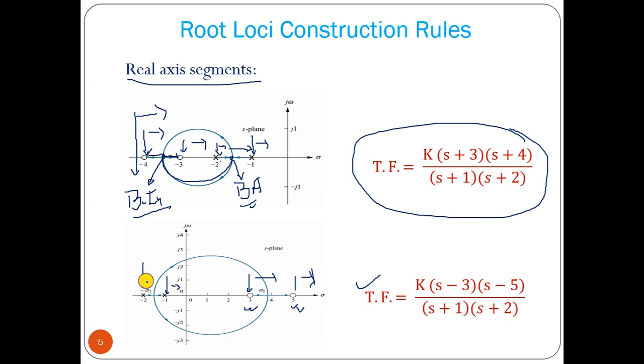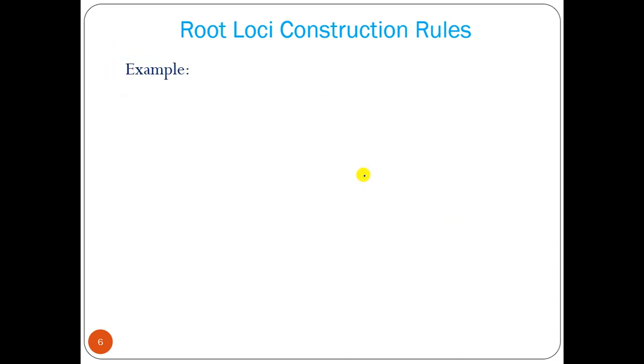At this point on the right-hand side, we can see three poles and zeros, so the root locus path exists. After this pole, four poles and zeros, so there is no root locus path. So this is the segment where we have the real axis root locus path. Now how to find out the break-in point and breakaway point, I will tell you later. Now we are considering only the real axis segment.